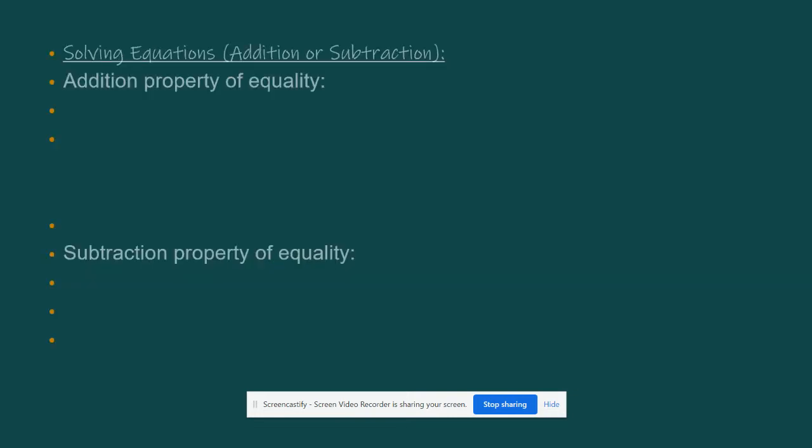All right. So we have two properties we want to discuss today: the addition property of equality and the subtraction property of equality. So basically, the addition property of equality means that we are adding the same value to both sides of an equation.